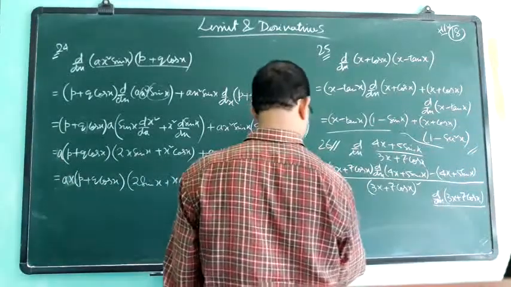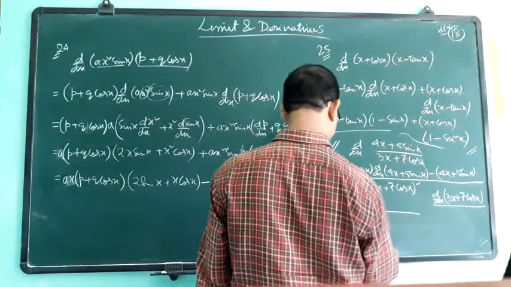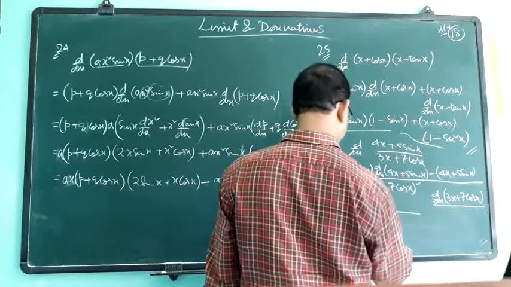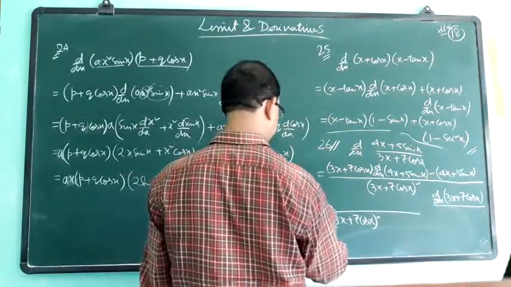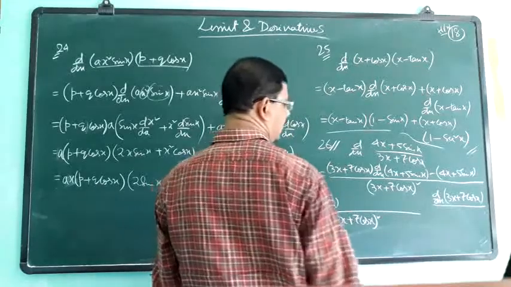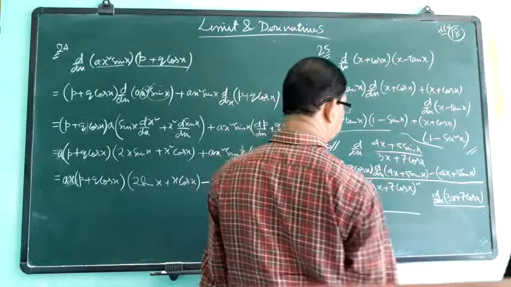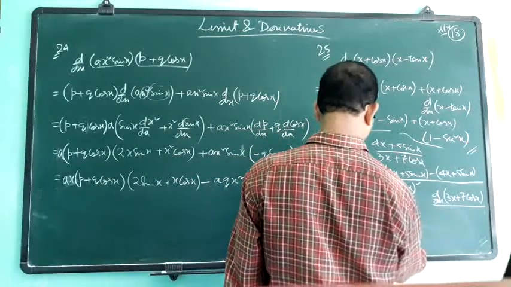So what we get now: this is 3x plus 7 cos x in square. Differentiation of 4x is 4 and differentiation of 5 sin x is 5 cos x.